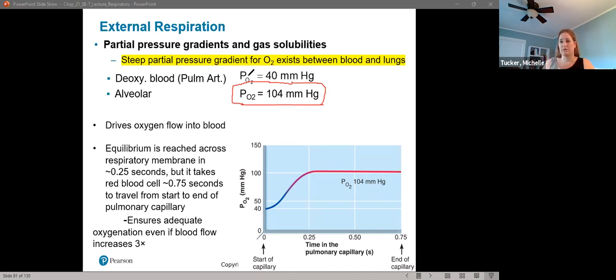We haven't got into internal respiration yet, but oxygen is going to be taken up by the tissues, leaving the bloodstream, so that when it comes back to the pulmonary capillaries to be reoxygenated, it is now down to about 40. So the partial pressure gradient at the level of the alveolus is 104 minus 40, for a pressure gradient of 64 millimeters of mercury.